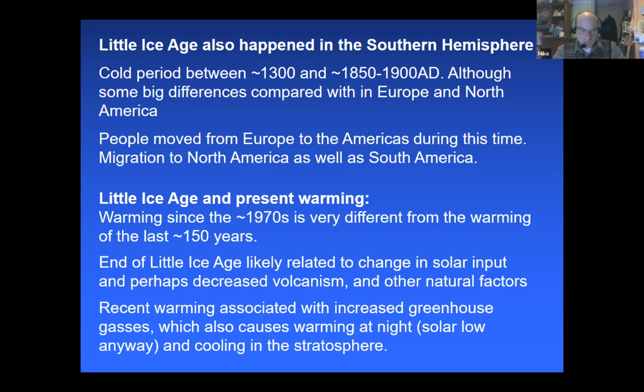And there are a few reasons we know that the sun or other things would not be causing this. One is there's warming at night. The sun's not out at night, right? Although you could argue that warming during the day would carry over to the night. The other reason is that if solar input, or energy received from the sun, increases, the whole atmosphere warms. Well, some of the recent warming is only in the lower part of the atmosphere.